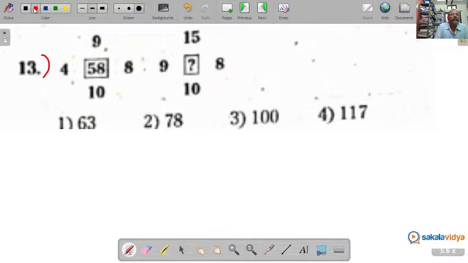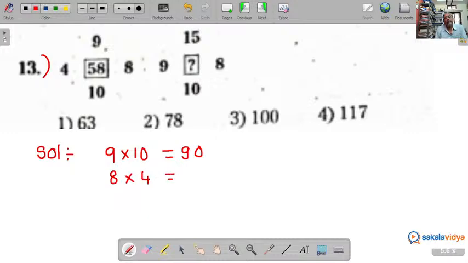Let us check it out now. If you multiply these two numbers, 9 times 10 is 90, 9 times 4 is 36, and 90 plus 36 is a very big number, so that cannot be entertained here. So let us try like this: 9 times 10 is 90, 8 times 4 is 32.